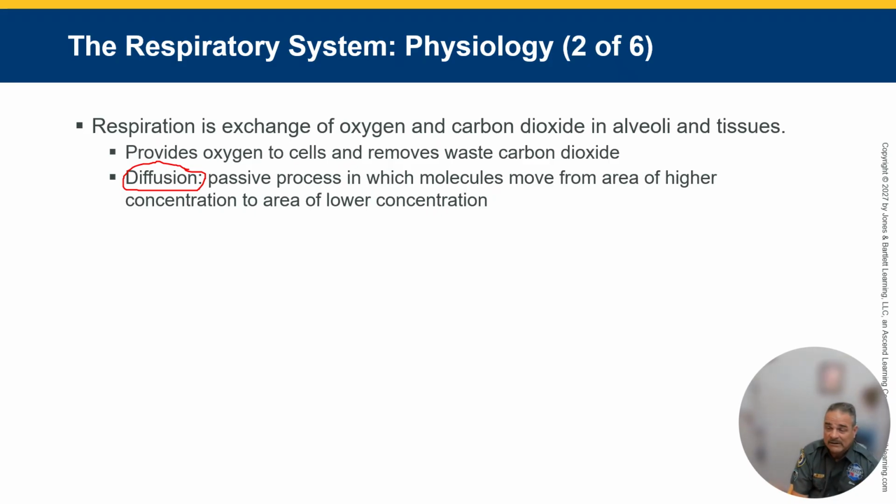And it's all done because of pressures and gravity and or atmospheric pressure and those kind of things. You learn more about this in paramedic school, but let's just keep it simple. The respiratory system has to remove carbon dioxide waste, and it's done through the diffusion process. Carbon dioxide is the waste product of the production of energy.